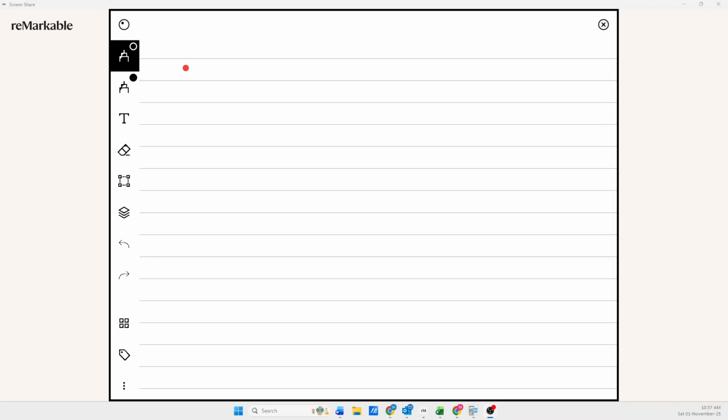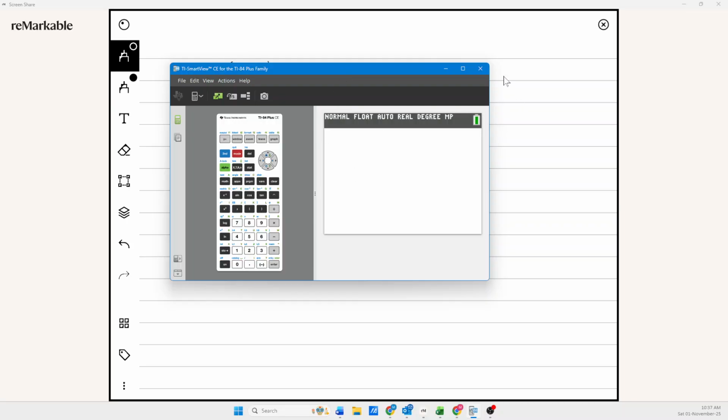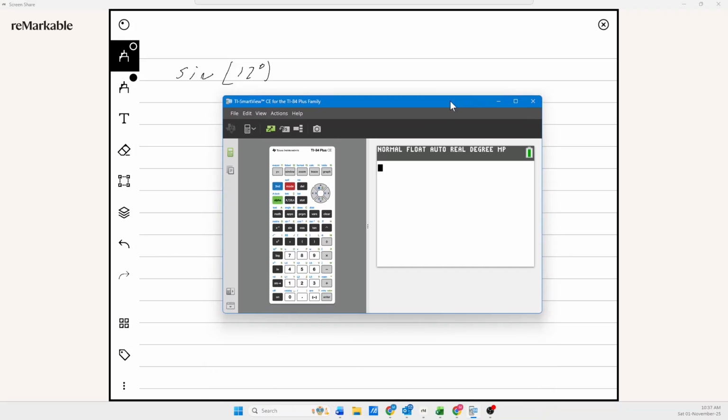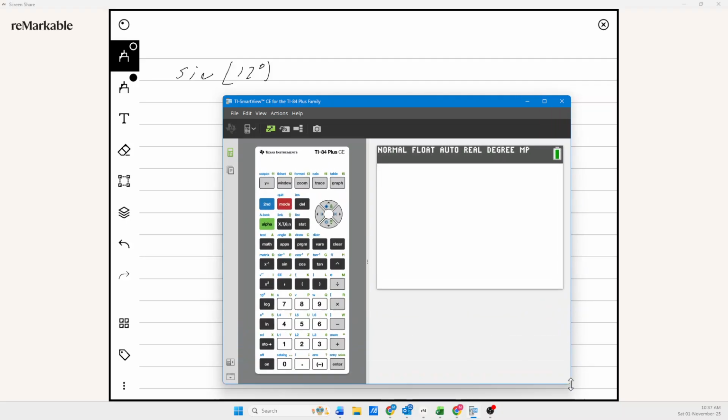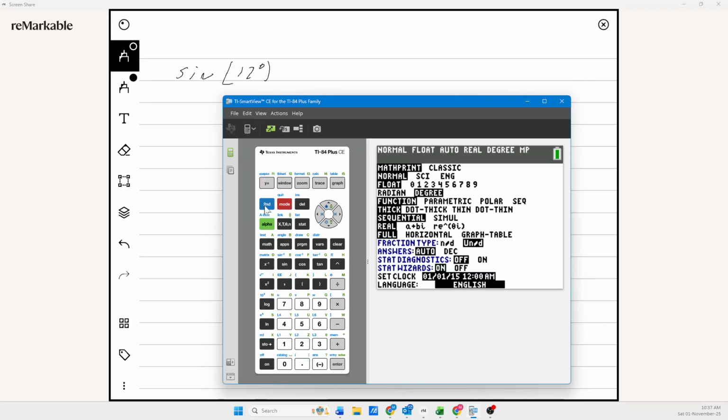Let's just say I have the sine of 17 degrees, and let's see what that's equal to. Let's bring up our handy dandy calculator here. Let's make that a little bigger. All right, so we want the sine. Better make sure I'm in degrees. I am, okay.